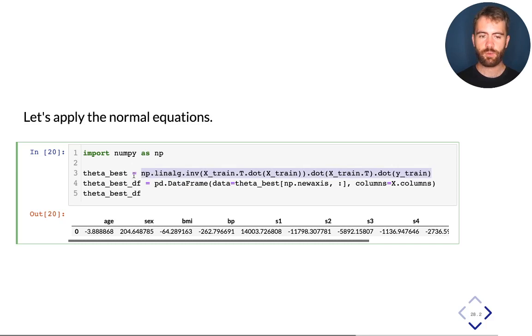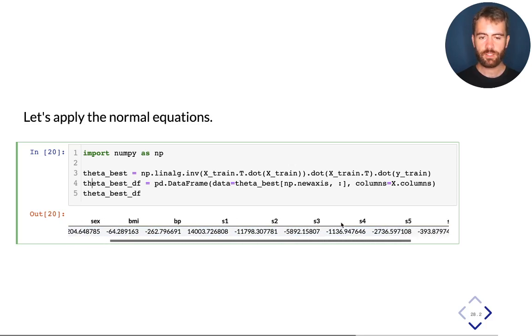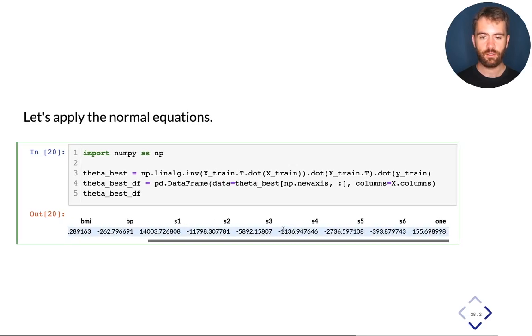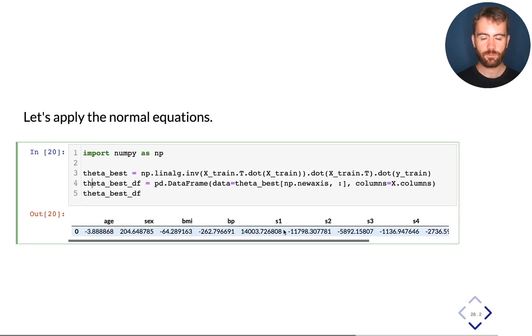So running this equation, we obtain a value for theta best, and now with a little bit of pandas in order to make it prettier on the screen, I'm displaying the values that it's assigning to these different parameters. So these are the values that theta star assigns to each one of our terms here.